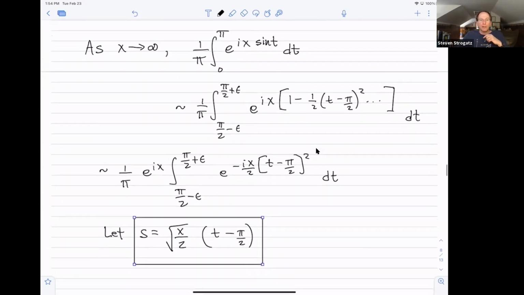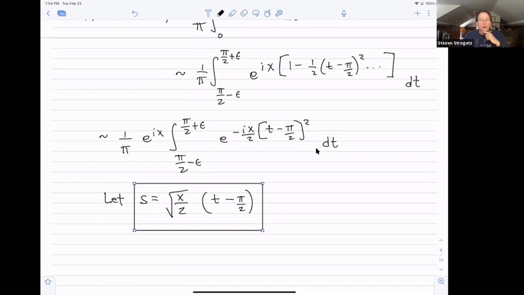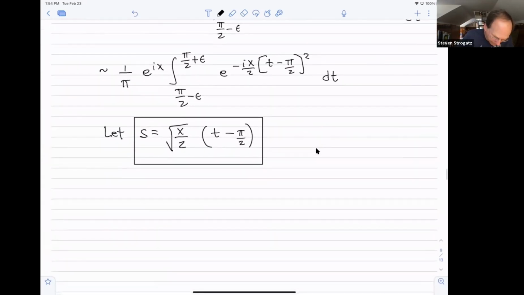So that's my change of variables in here. And so my integral is going to then become two over x. So here's why I did that.